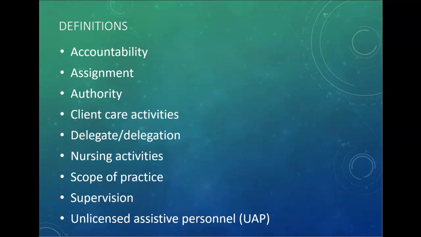On top of everything else, we have more than one level of unlicensed assistive personnel. Sometimes we have test questions in different courses where you're given examples of what to delegate to a 1 versus a 2.